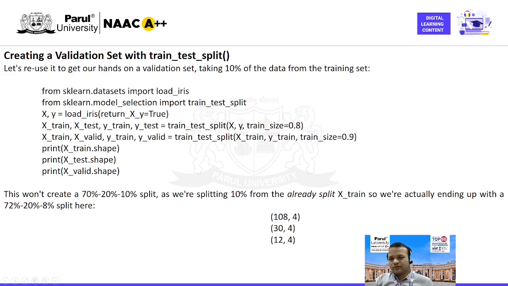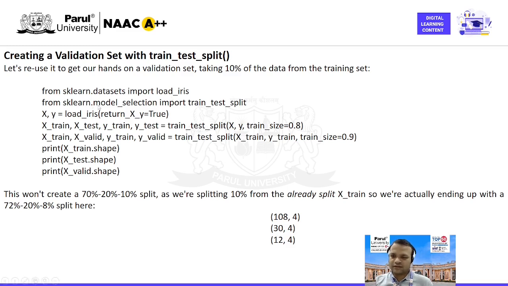Firstly, we import the dataset. Which dataset are we using here? We are using the iris dataset. From sklearn.datasets import load_iris. In this line we can understand we want to load the iris dataset.